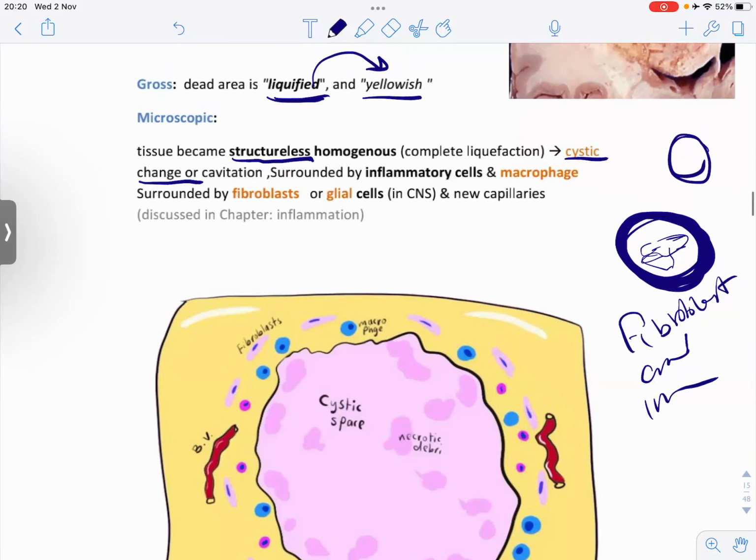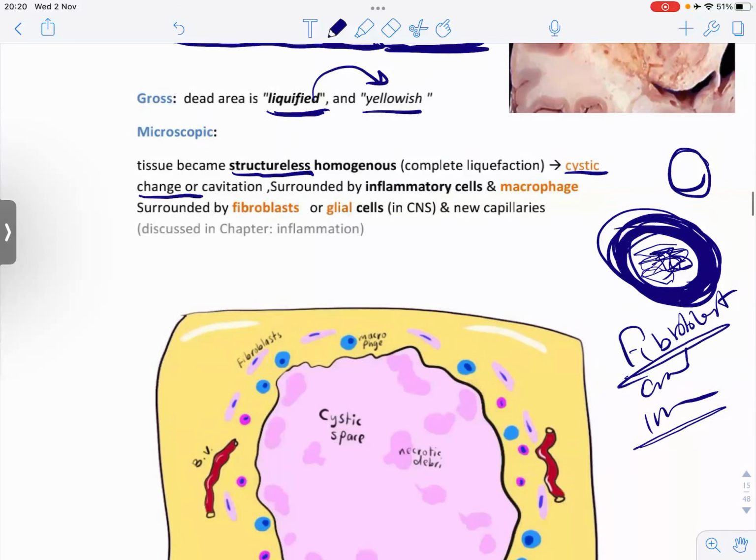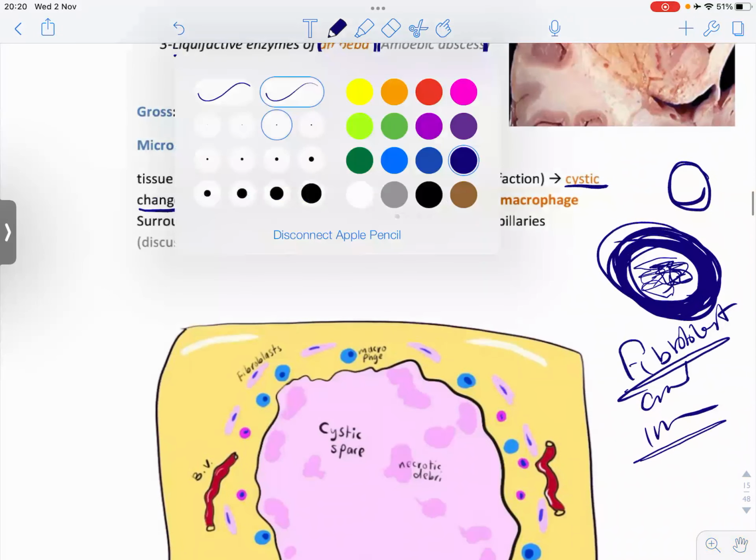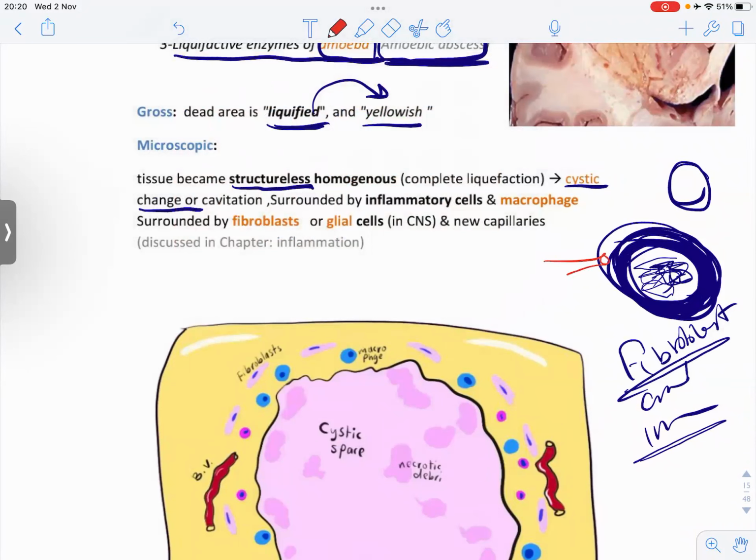So here, there is yellow liquid, of course it's structureless, and cyst. Cyst means fiber around the pus due to fibroblast and immune cells. And we will find also some new capillaries.